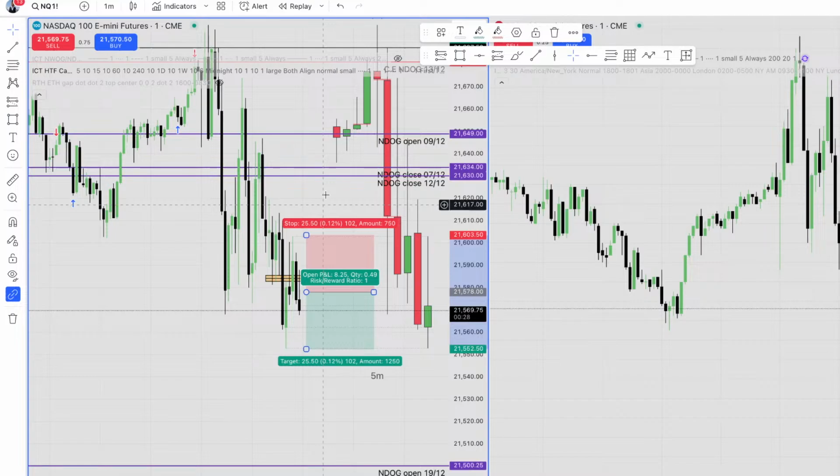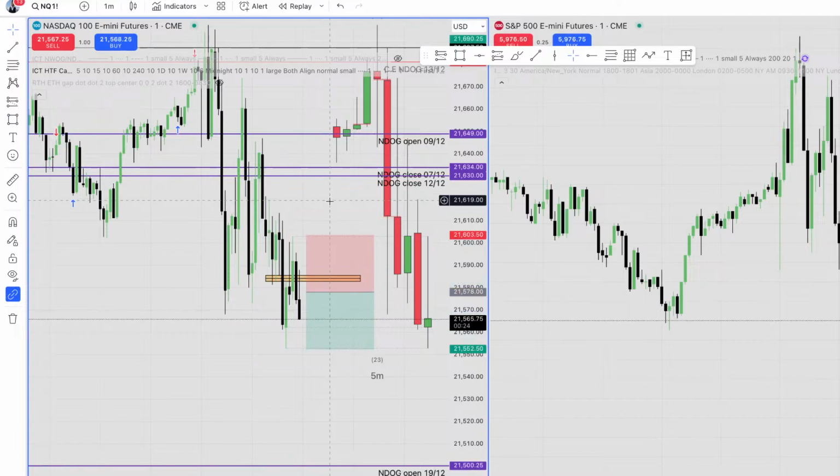25 points, still a lot. If only this candle closed a little bit below, I would have entered.